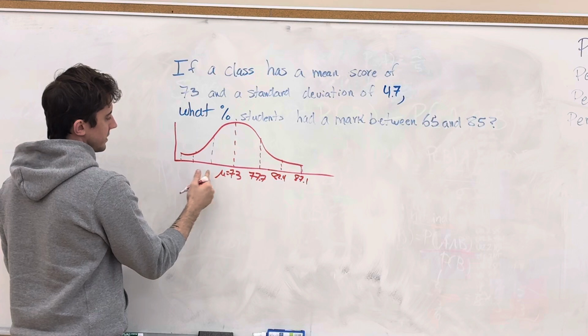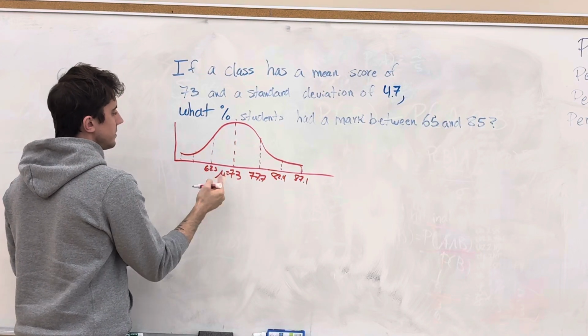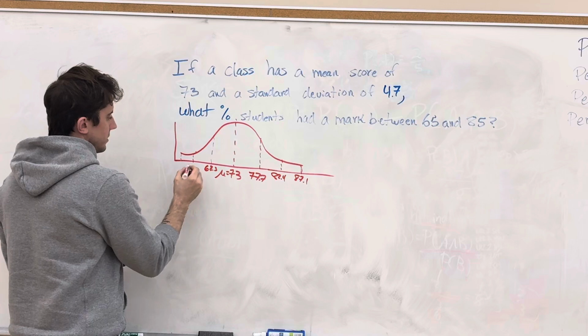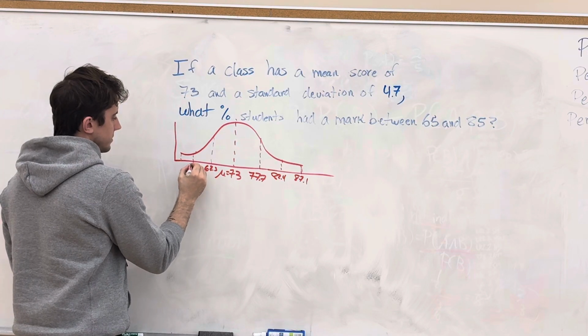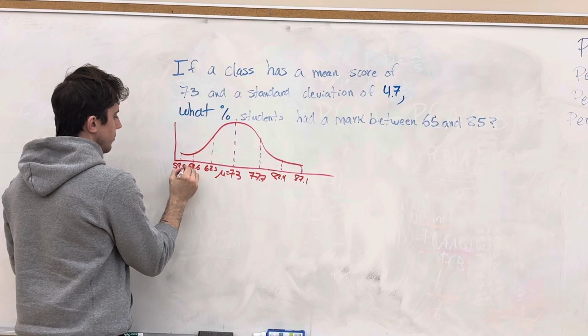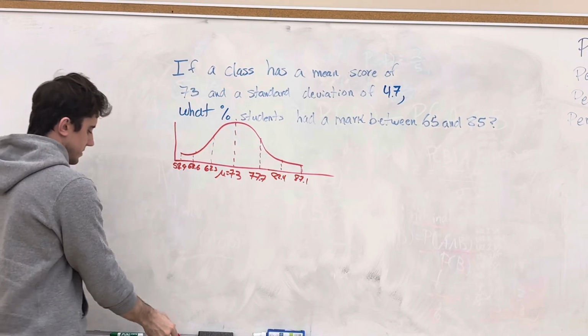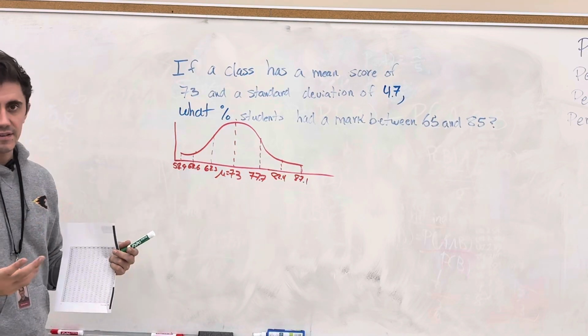Minus 4.7 will take us to 68.3, minus 4.7 is 63.6, and 58.9.